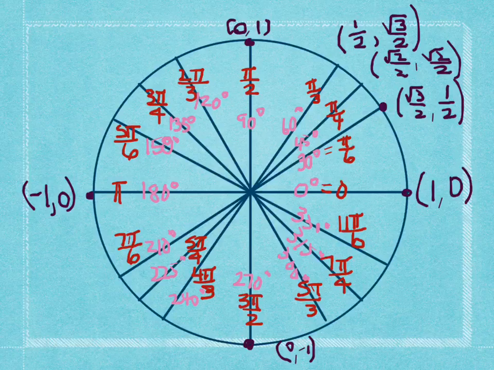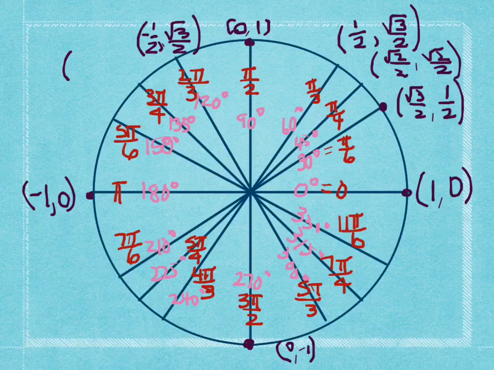So at 120 degrees, what will my ordered pair be? Close. Negative 1/2, and then the square root 3 over 2, because it's the same x distance in each direction, and the same y height as at 60 degrees. How about the 3 pi over 4?